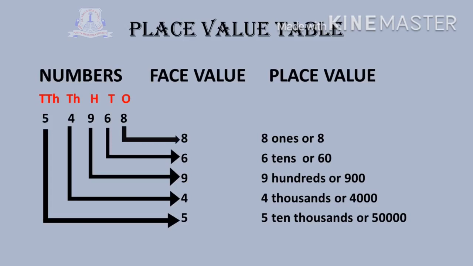The next number is 4, which is in thousands place. The face value of 4 is 4 and the place value is 4 thousands or 4,000. The number in the 10,000s place is 5. The face value is 5 and the place value is 5 ten-thousands or 50,000.